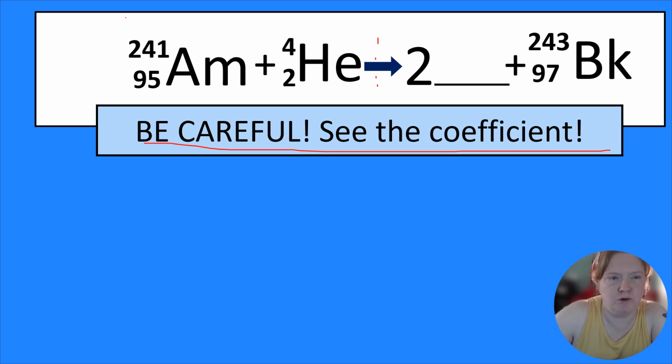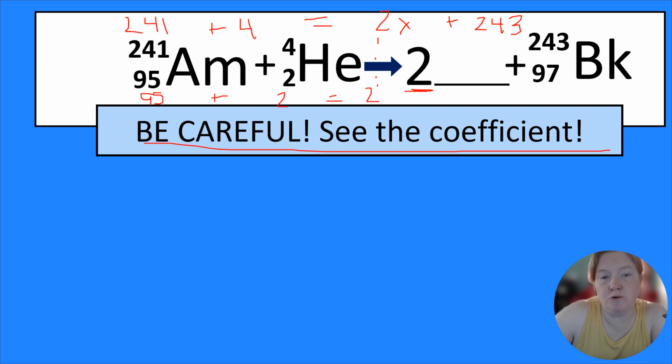So I have 241 as the top plus 4 equals, right, 2x. So 2 times whatever is here, because that's what that coefficient means, plus 243. Okay, and then for the bottom, I get 95 plus 2 equals 2x again plus 97.